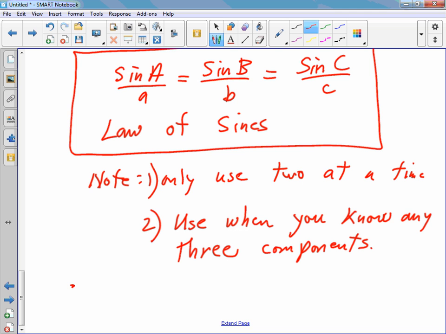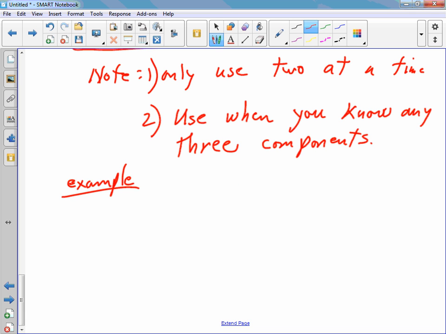Let's do an example of that. I need any kind of a triangle, and then give me this angle down here, call it A. What's this angle? How much? 29, sure.